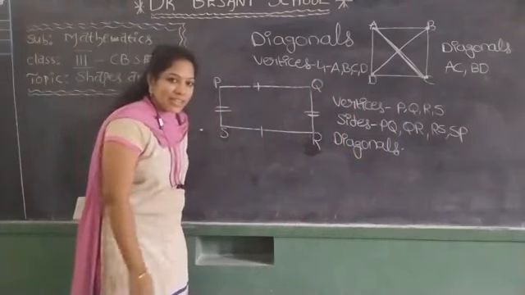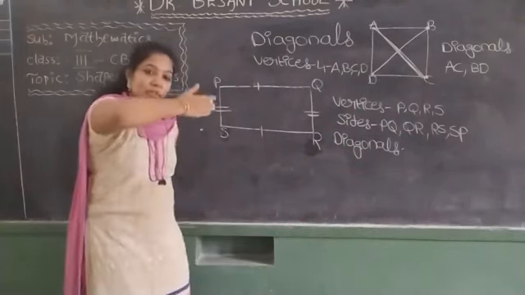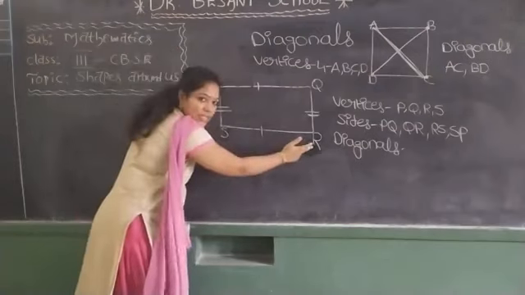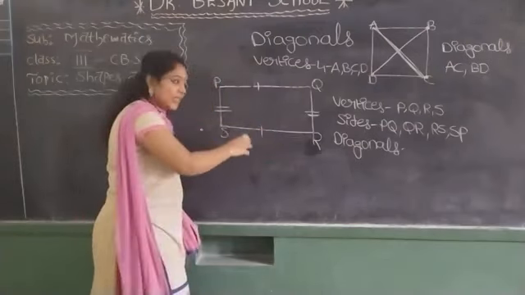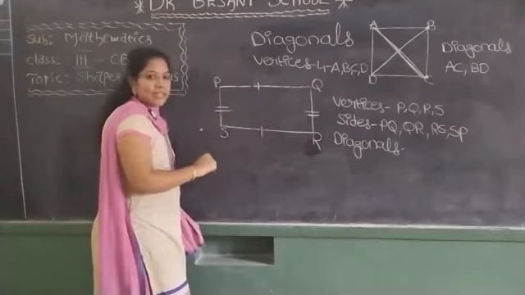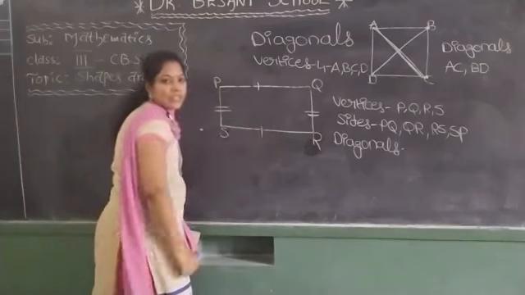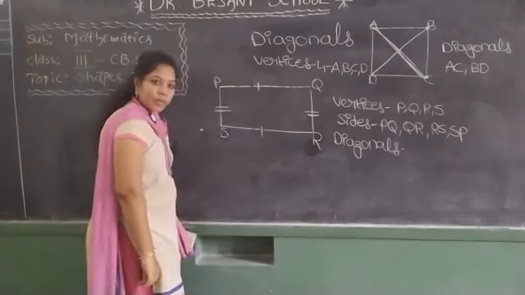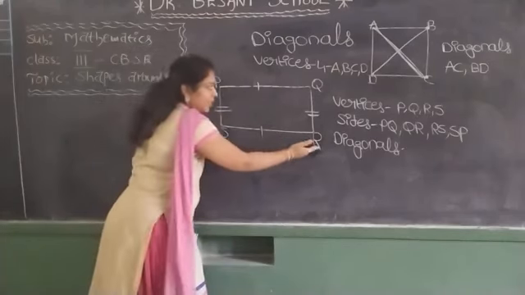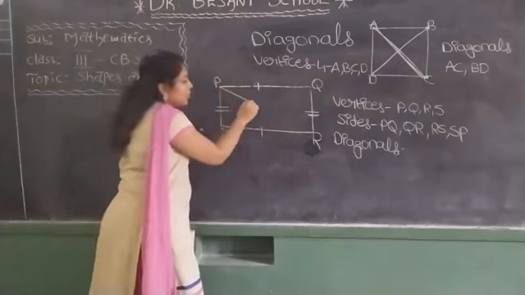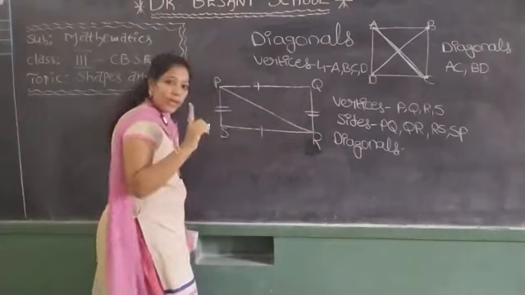The line that joins or connects opposite corners inside that figure or shape is called a diagonal. Now, what are the opposite corners here? PR and QS.